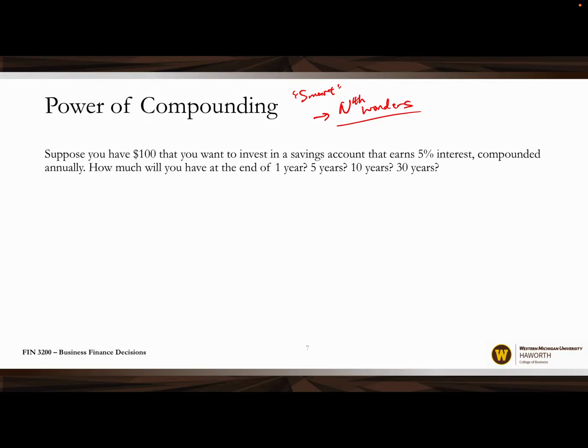Suppose you have $100 that you want to invest in a savings account that earns 5% interest, compounded annually. This is the key. How much will you have at the end of 1 year, 5 years, 10 years, and 30 years?